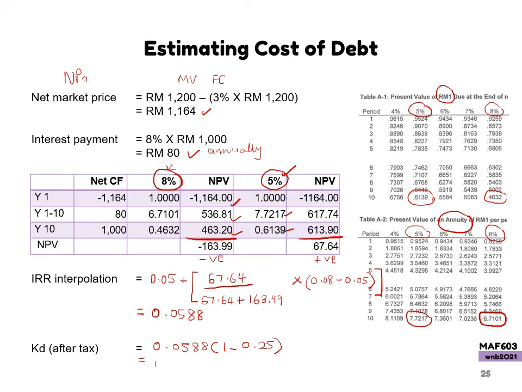So KD after tax is 0.0441 or 4.41%. Okay, so this is how we work out the KD for a redeemable debt. You need to do the IRR interpolation first.